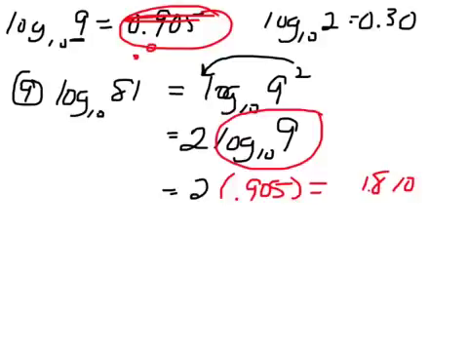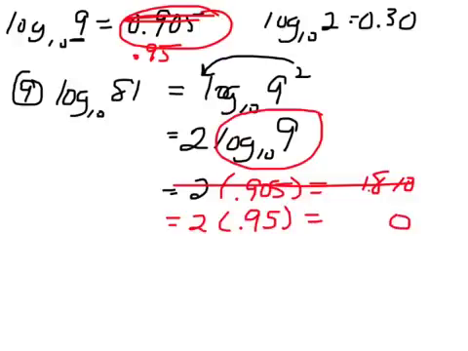This is supposed to be 0.95, right? So let's recalculate that. That's 2 times 0.95. Okay, so 2 times 5 is 10. Put down your 0, carry 1. 2 times 9 is 18, and 1 makes 19. And then we had 2 decimal places, so we would put it right there. It is 1.90. I just copied down the wrong value up there. So that's what you're doing. You're rewriting the log in terms of some of the stuff that they've given you there.